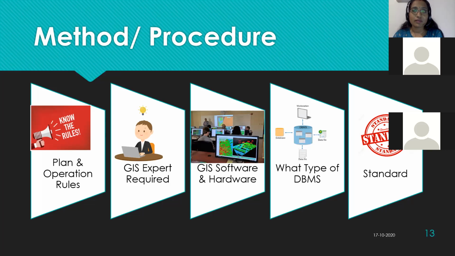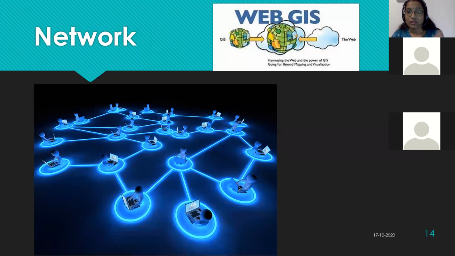Next, coming to the network. A network is not a standalone computer. It is connected or collaborating with many networks, many people, many organizations. In the network, you can share your data or get data online.